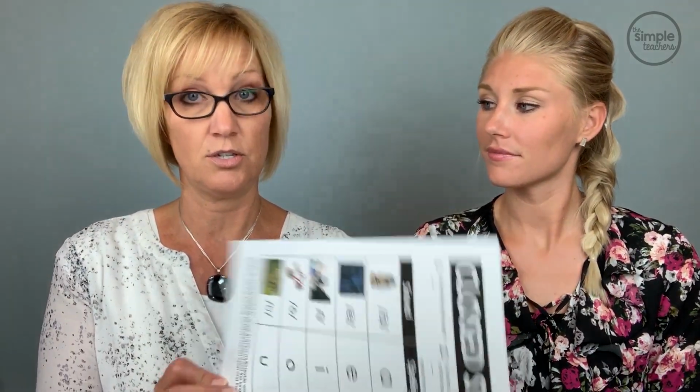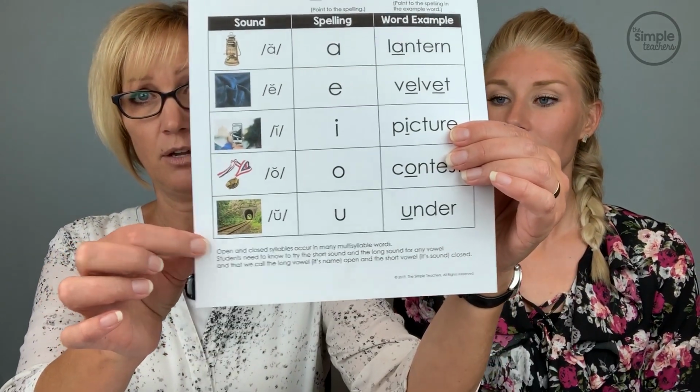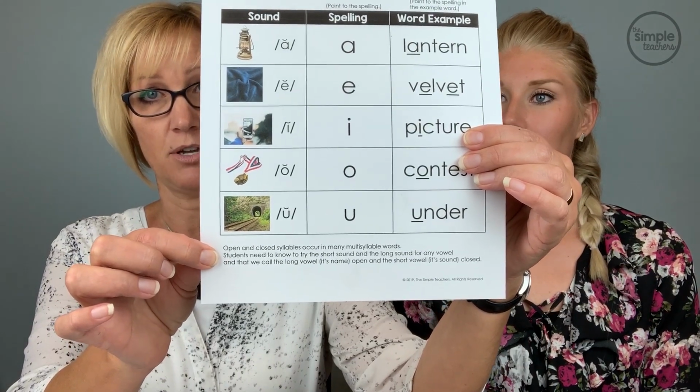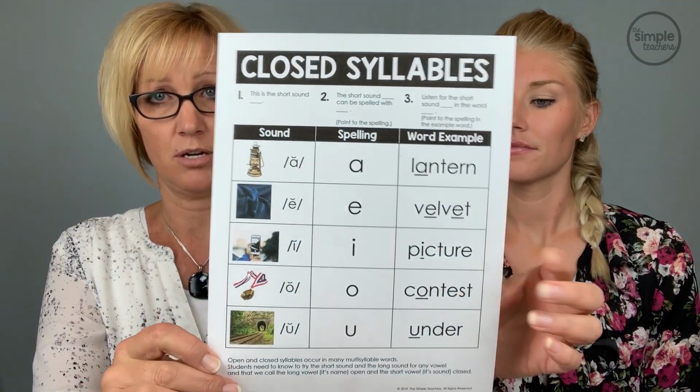So even teachers could be confused with that. And so we might want to have those listed somewhere in our classroom. Open says its name, that's a long sound. Closed says its sound, that's the short sound. So we can replace that verbiage, so to speak, with our students. We have that kind of reminder for you here at the bottom of these cards.